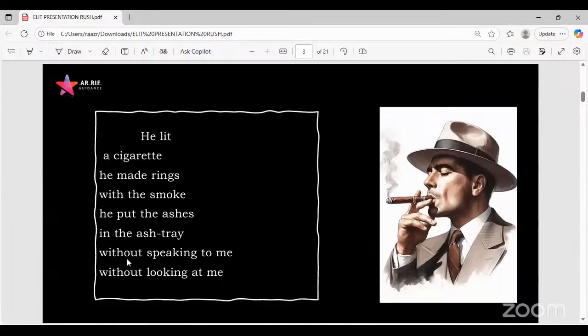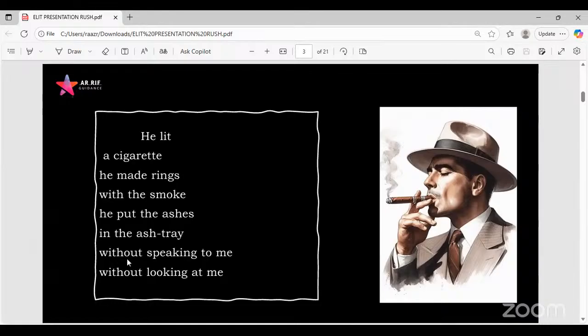The picture, I can see it clearly, right? Okay, the second stanza, guys.